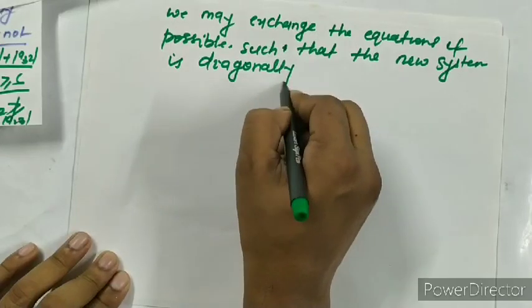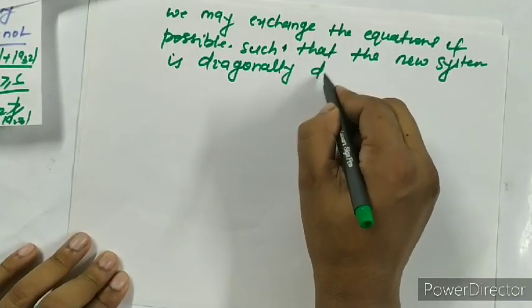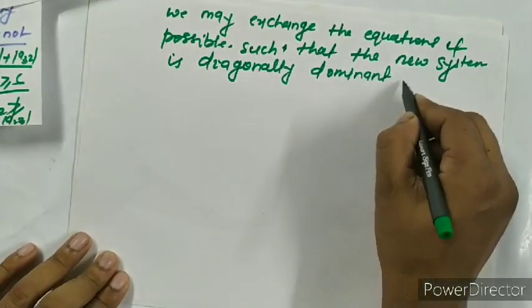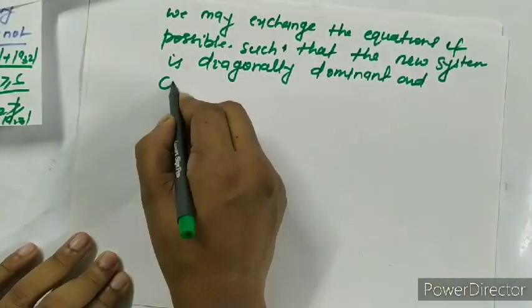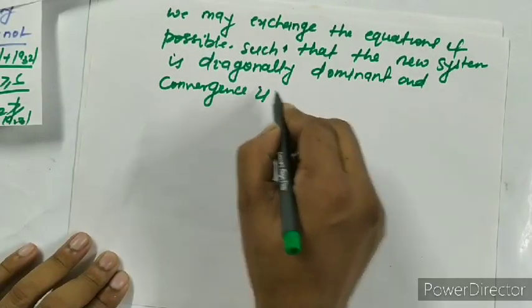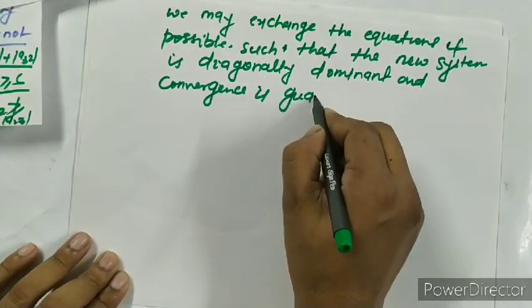Okay, diagonally dominant, and convergence is guaranteed.